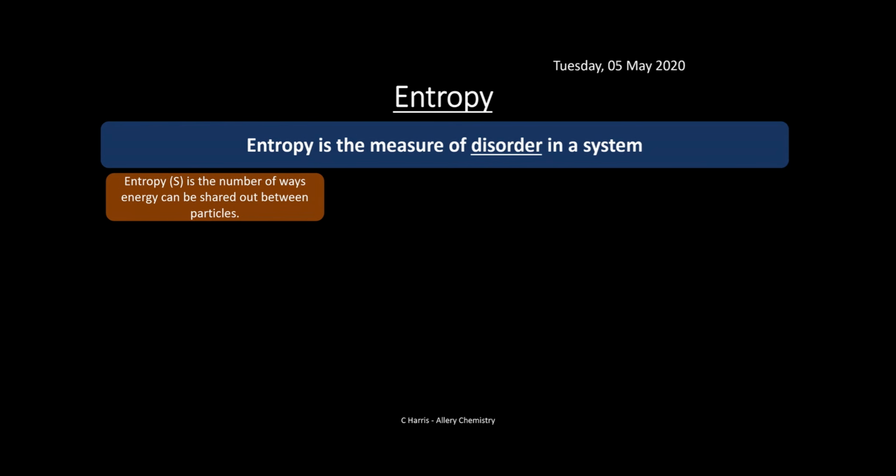Entropy is given the letter S, and is basically the number of ways that energy can be shared out between particles. It's quite a useful quantity for chemists, and it wouldn't be in the specification if it wasn't. Basically, the more disorder there is, the higher the level of entropy.